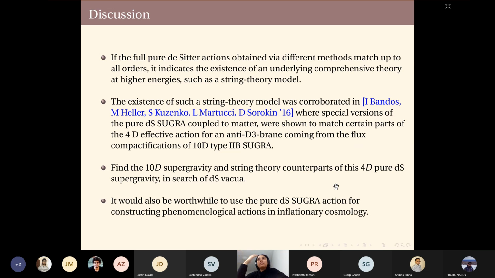And when you think of underlying theory, you will think of something that's probably valid at high energies. That's why I think that there might be a string theory model. And the second reason is that in this paper, which was the paper following the Goldstino Brane paper, the authors have shown that when they couple their pure DS supergravity to matter, it has special cases which match the KKLT type action.